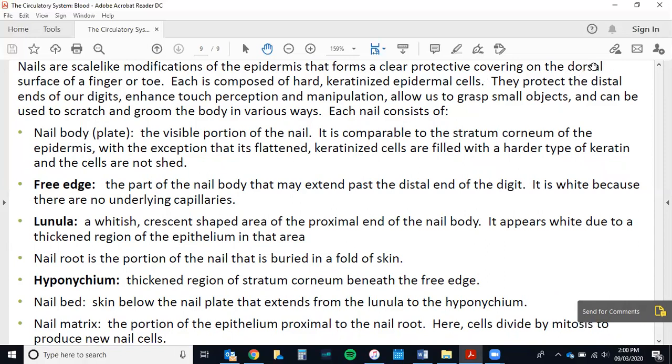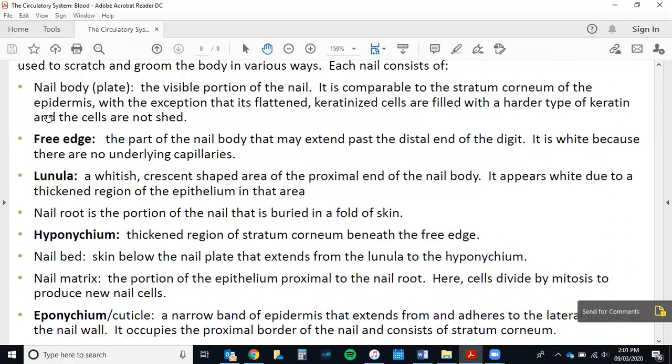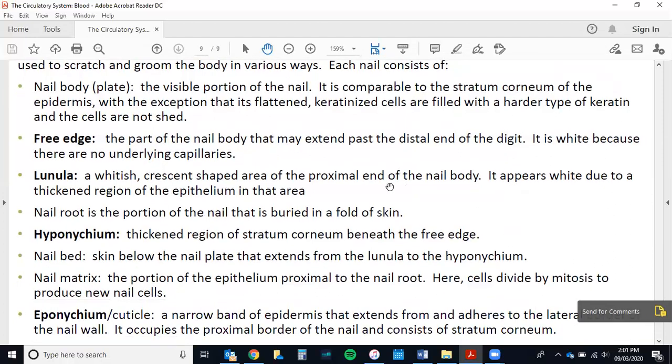Remember, dorsal and posterior refer to the backside surface of the finger or toe. They are composed of hard keratinized epidermal cells, and they protect the distal end of our digits, but they also enhance touch perception and manipulation, allow us to grasp small objects, and, one of the best things, they're used to scratch and groom the body in various ways. If you can't ever scratch an itch, you know how awful and annoying that is. So fingernails are great for that.